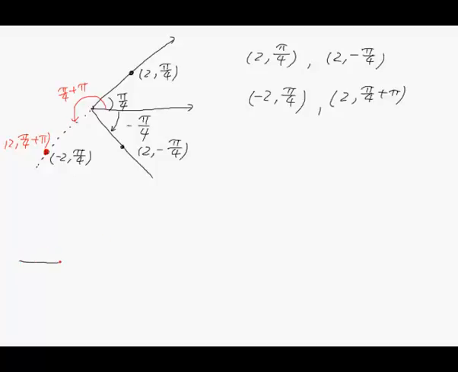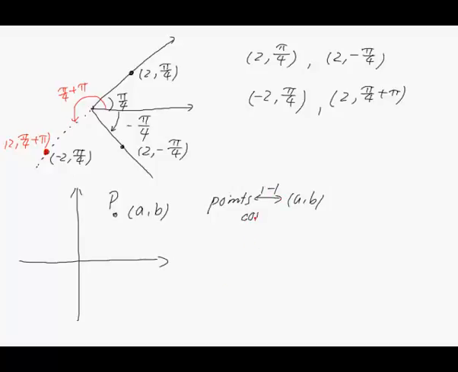For example, you have the point P here, right? And then its coordinates is (a, b). Then between this point P and (a, b), so between the points and the pair of the coordinates, you have the one-to-one correspondence, right?